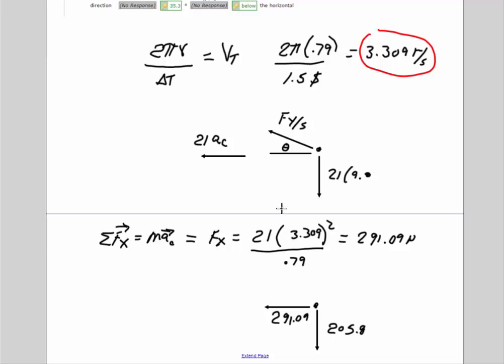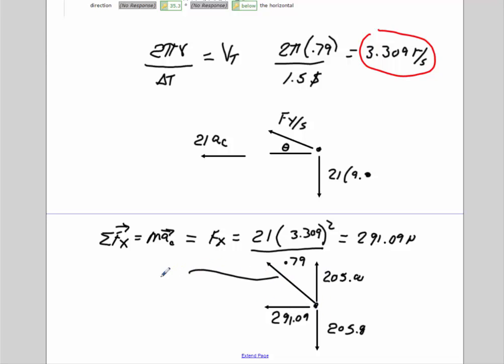Alright, now the only way this is going to take place is we have to have this vector going up here, and its components are going to be this one here going horizontal and the 205.8 going back this way, because we know that object is not going to accelerate vertically.